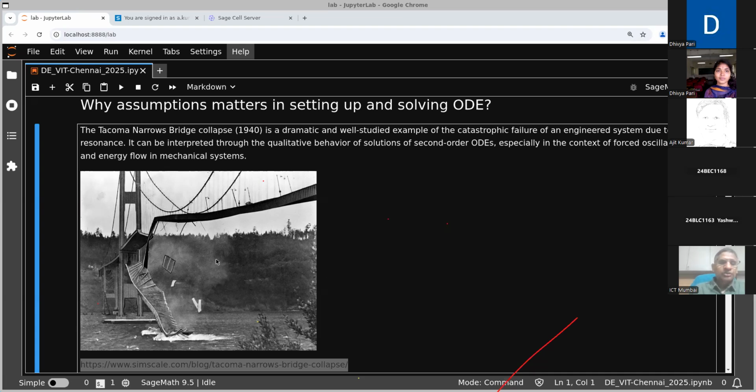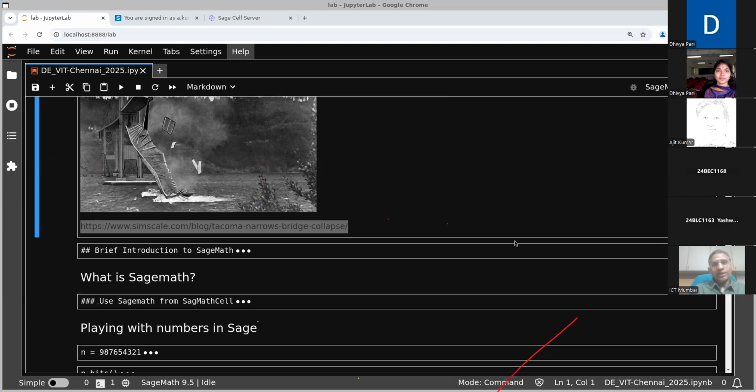So it is very important to understand, when you are setting up the system, the conditions for existence of the solution, and also the initial conditions. Okay. Now, with this introduction, let me move on to how we can solve this using Sage and what Sage is all about.